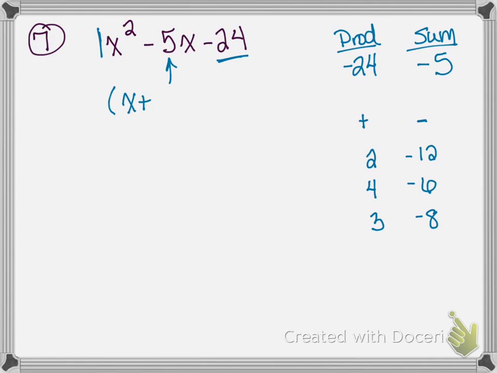X plus 3, X minus 8. Now the reason I'm allowed to go directly from here to here is because of this 1. As soon as I do not have that 1 there, I can't do that anymore. Okay?